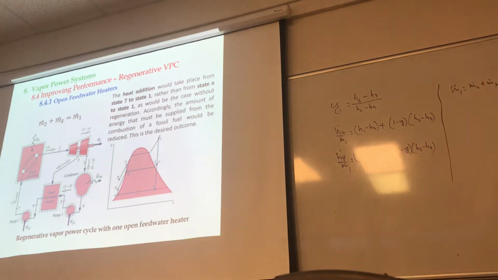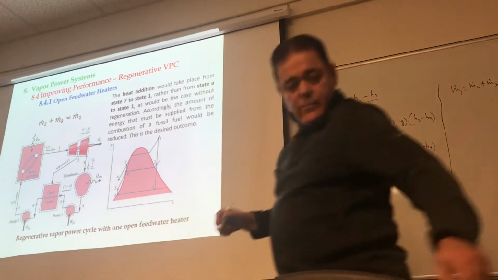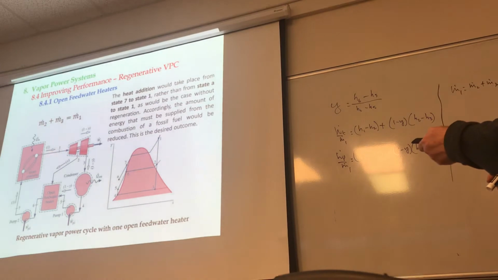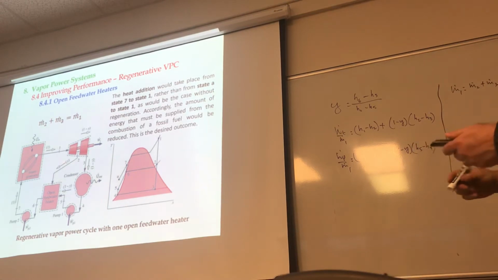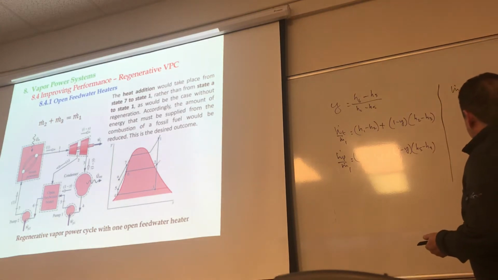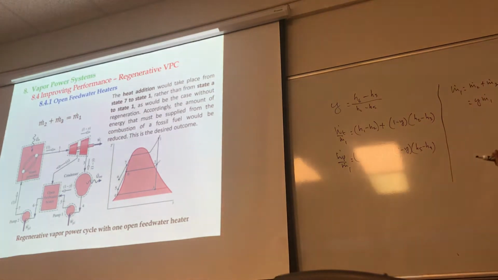Because whatever is coming to here is m dot 1, right? What's coming out of here is m dot 2, what's coming out of there is m dot 3. But if y is the fraction, by definition, m dot 2 is equal to y times m dot 1, because that's the fraction, right?